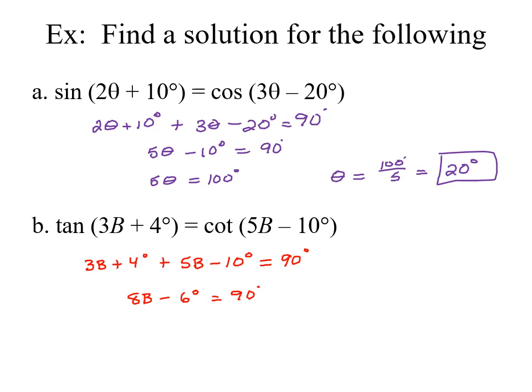So I can add the 6 to both sides and get 8b equals 96. So b is 96 divided by 8, which is 12 degrees. And that would be my answer for those variables.